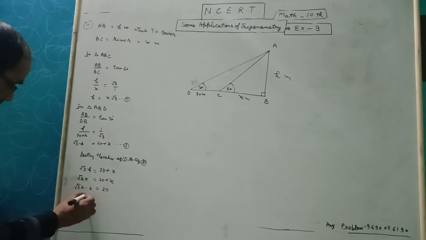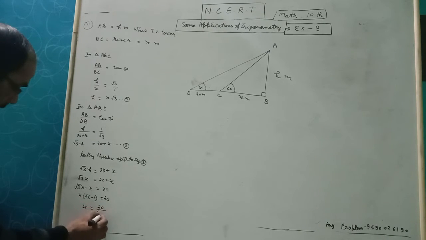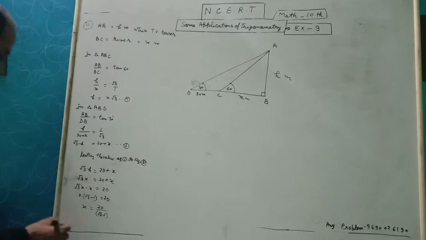X is common. X under root 3 minus 1 is equal to 20. X is equal to 20 upon under root 3 minus 1.